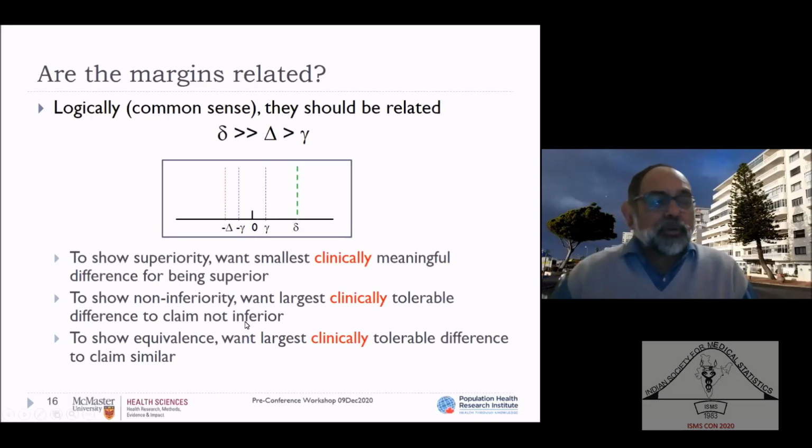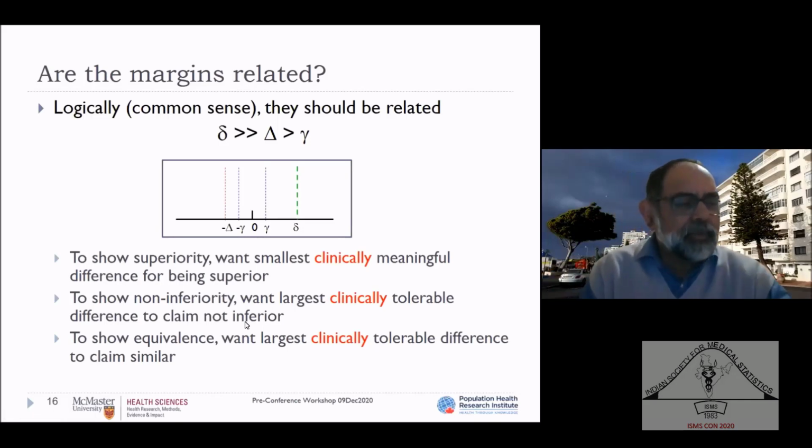And to show equivalence, we want the largest clinically tolerable difference to claim that they're similar to each other. So I've highlighted in red that these are clinically meaningful or clinically tolerable. So it's not a statistical decision of these margins. It's the contextual clinician investigator that determines this.